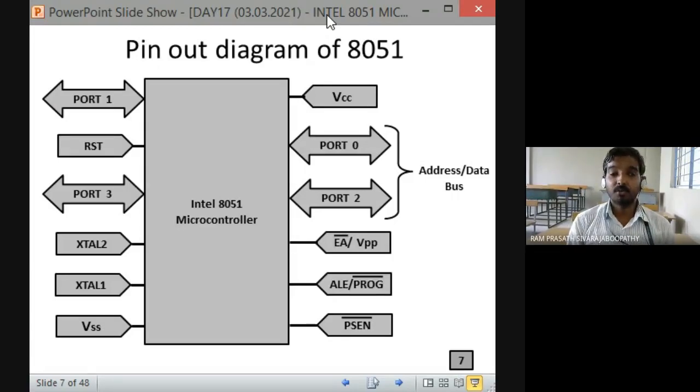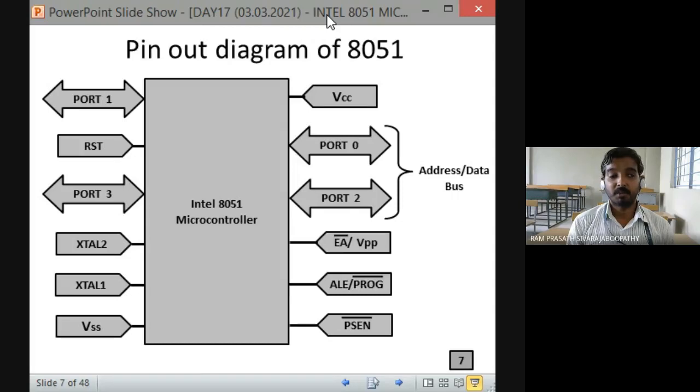Fine. How will you provide clock input in general to a microprocessor or microcontroller? Internally, if we have an oscillator circuit, then externally what can we do? We can connect the crystal. Yes, to connect the crystal, we are having 2 more pins in this microcontroller. Can you identify it?